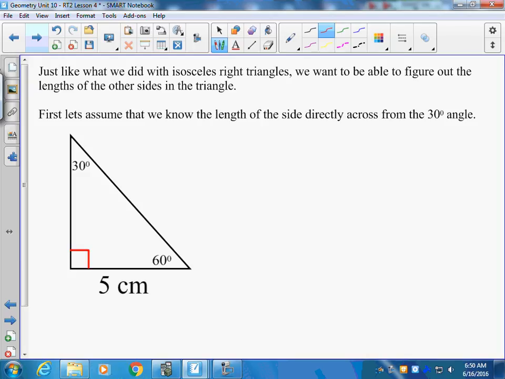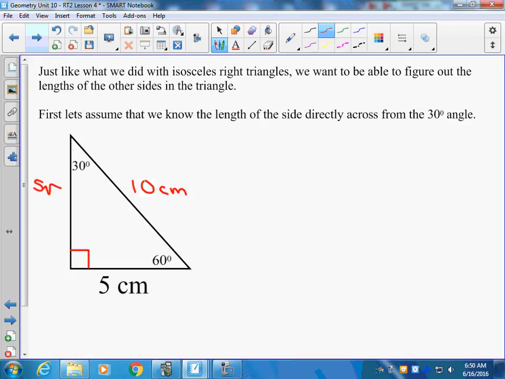Okay, so now this is our basic 30, 60, 90 problem. We're given the short leg of 5, so we can use the conjecture, and we know that the hypotenuse is 2 times the short leg, or 10 centimeters, and the long leg is square root of 3 times the short leg.